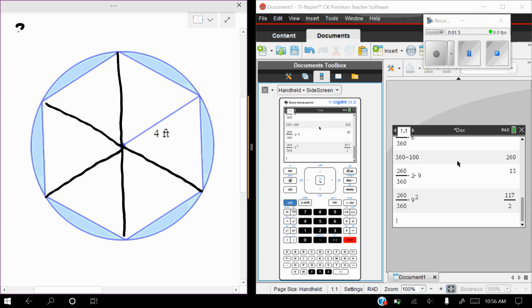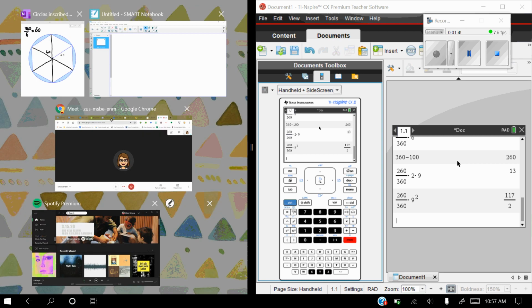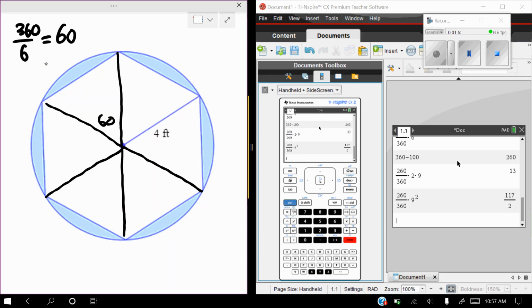So if there's 360 degrees in a circle, and I have 6 triangles here, that means 360 divided by 6, each of those triangles has a 60-degree measure. And what I want you to think about is, if this is 60 degrees here, and I cut that in half, then half of it would be 30 degrees.